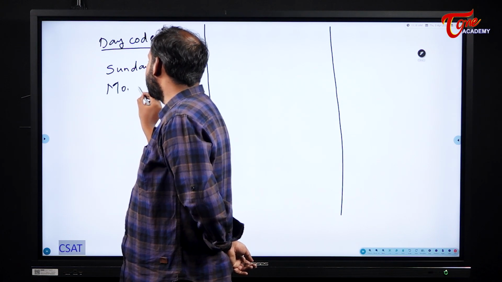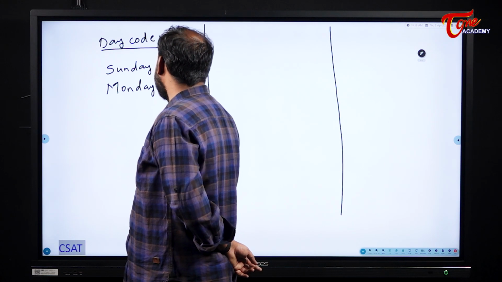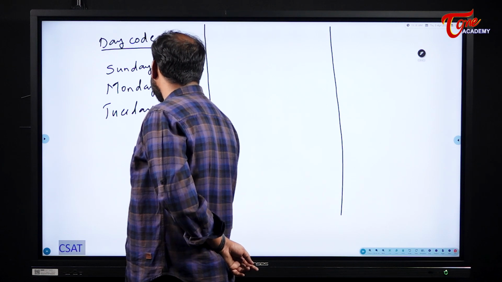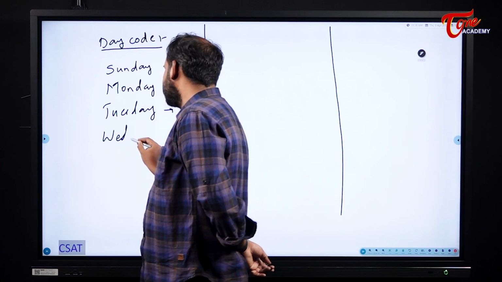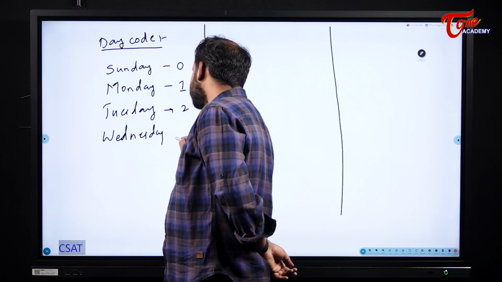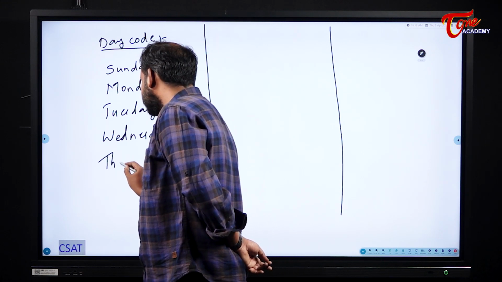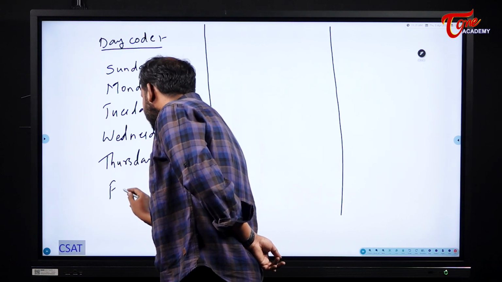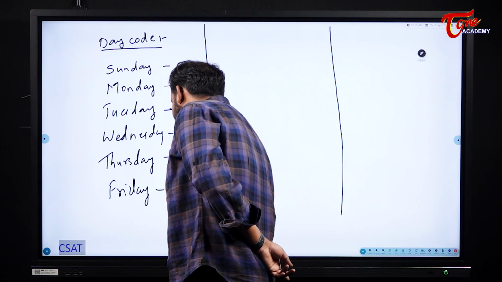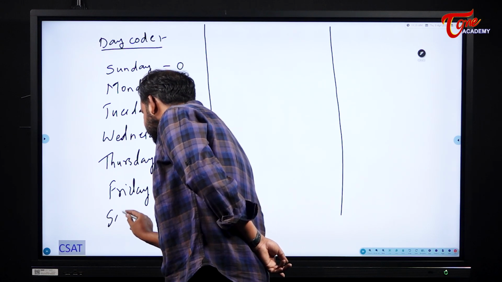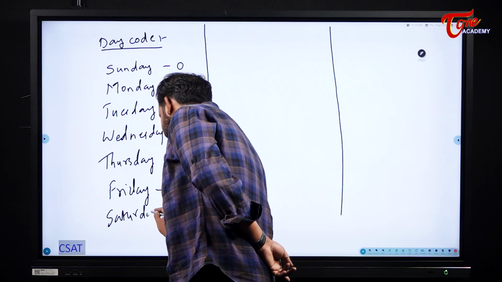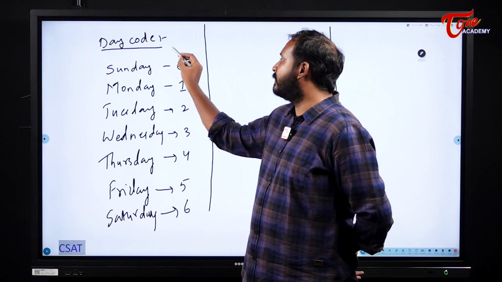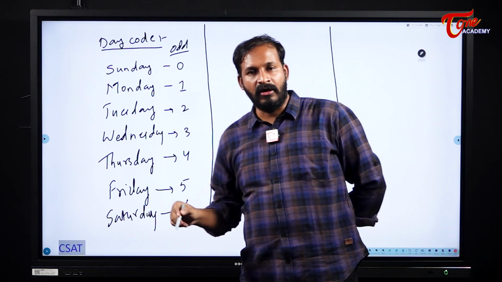The code for Monday is 1, Tuesday is 2, Wednesday is 3, Thursday is 4, Friday is 5, and the code for Saturday is 6. These are based on the odd days which we will get.